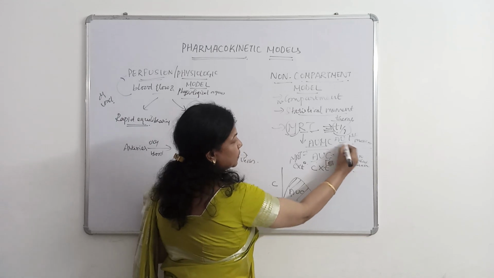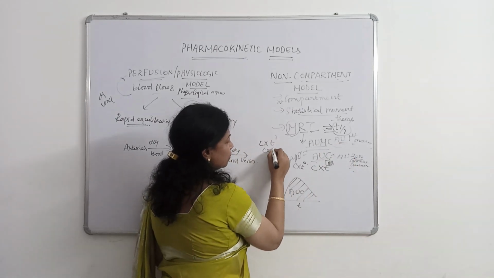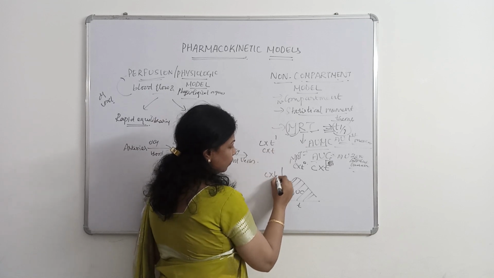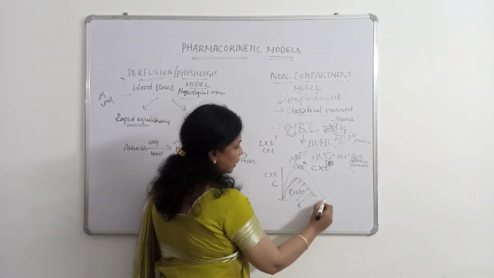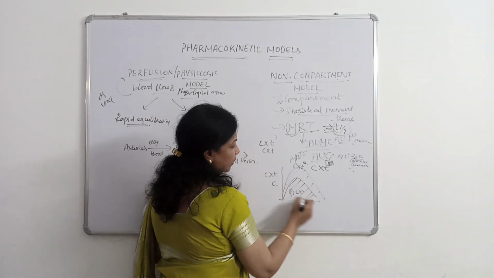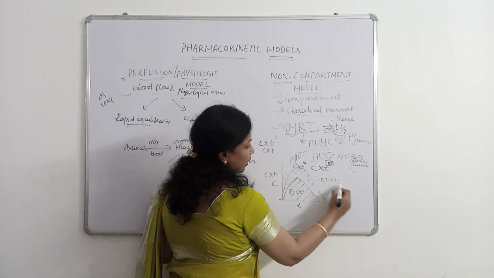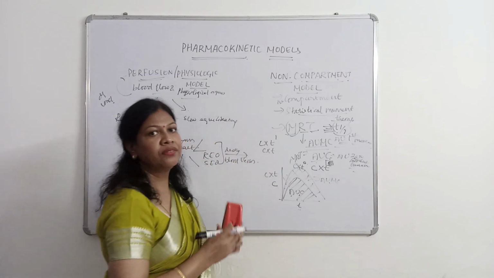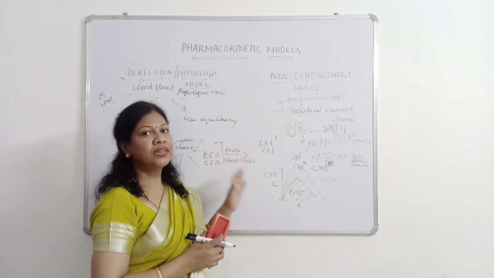Whereas the first moment curve means C into T to the power 1, which is C into T. So you plot C into T on the y-axis and T on the x-axis, you get another graph, and the area under that is known as AUMC. Dividing AUMC by AUC yields the mean residence time of any drug.